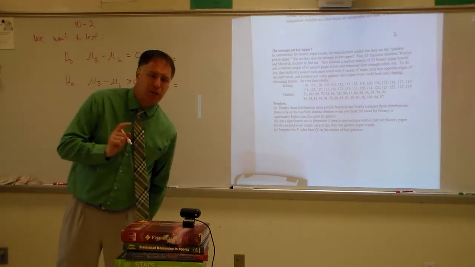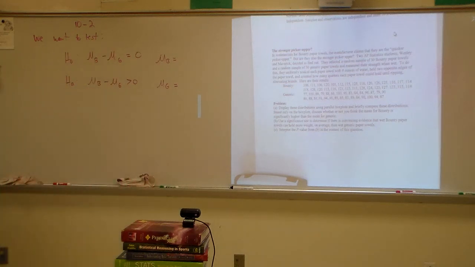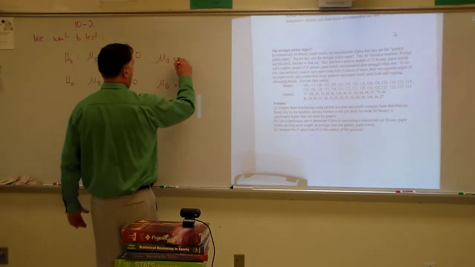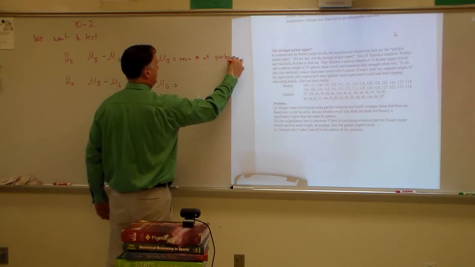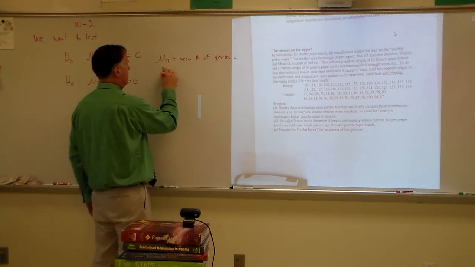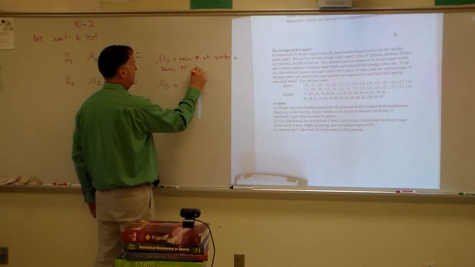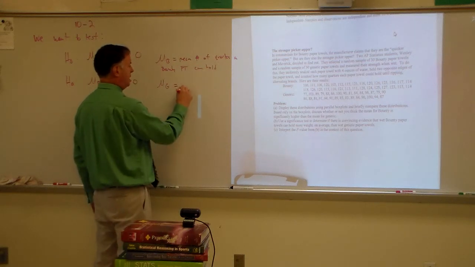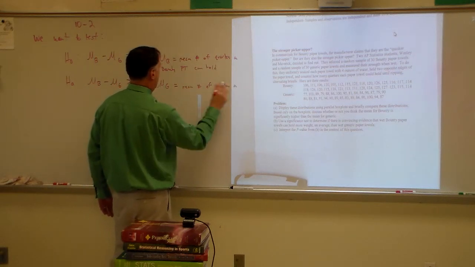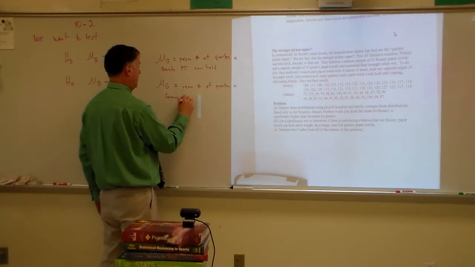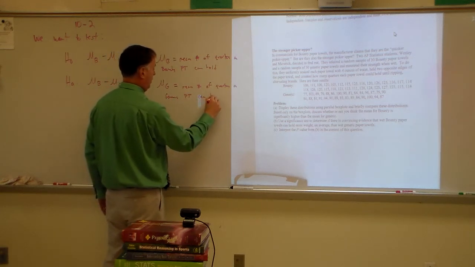where mu subscript B and mu subscript G, let's be specific. I know that we mean Bounty and generic, but let's see what they talk about in there. Mean number of quarters a wet Bounty paper towel can hold, and this would be the mean number of quarters a generic paper towel can hold.